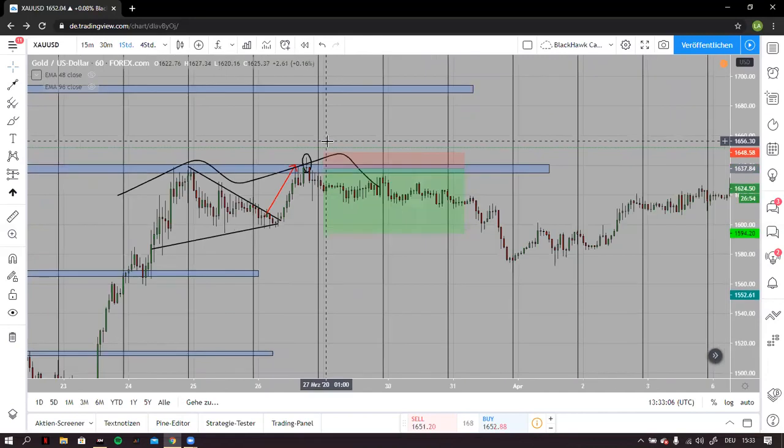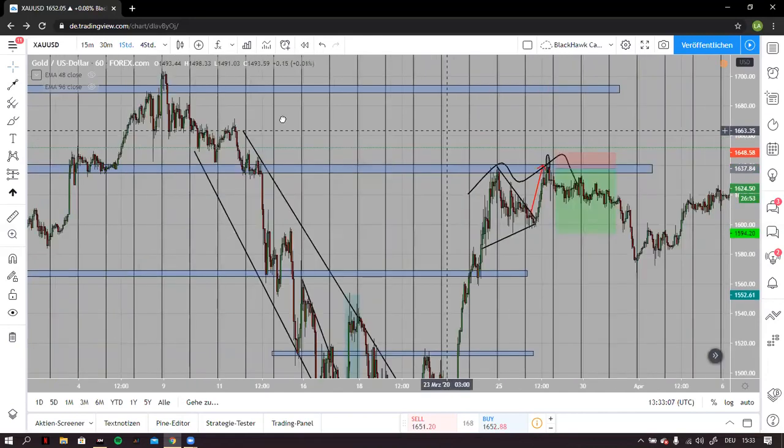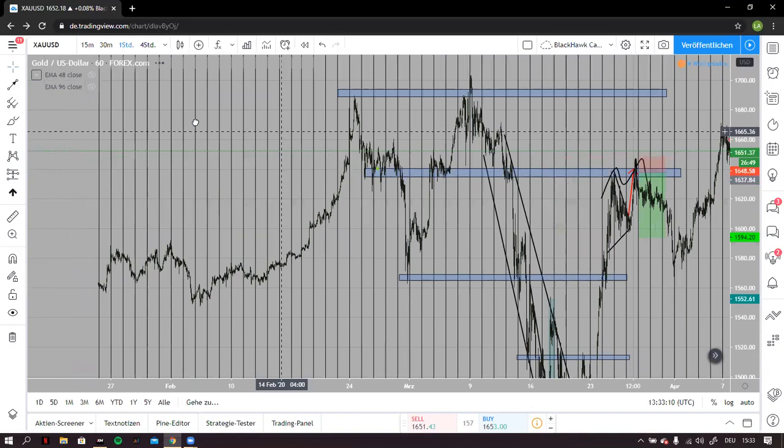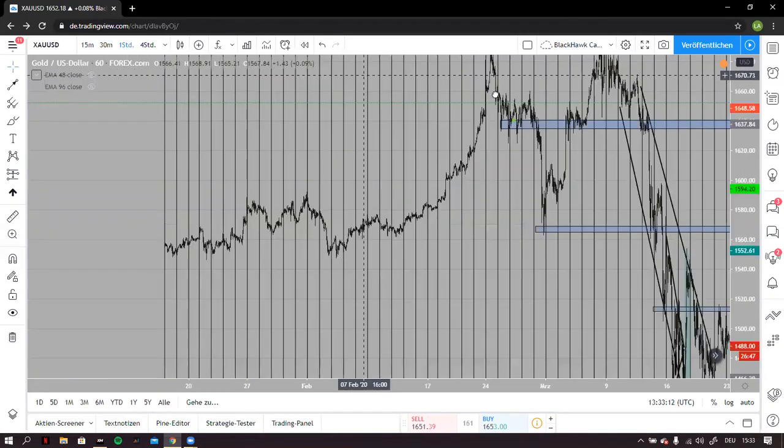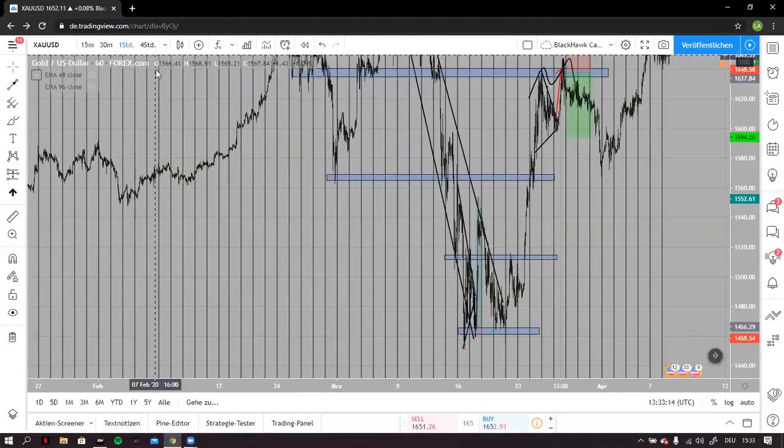So these are the kind of trades we love to do. Let's move on and look for other setups here.